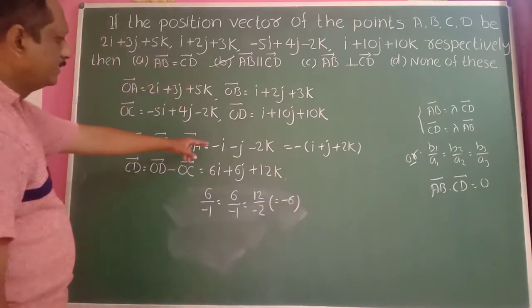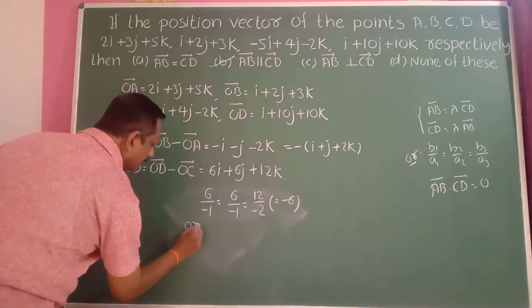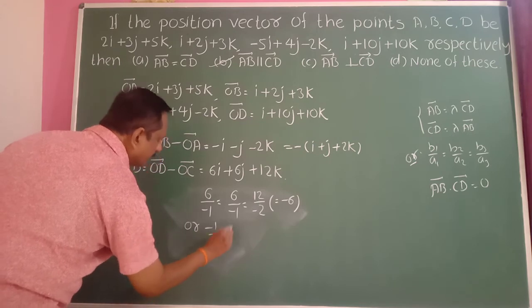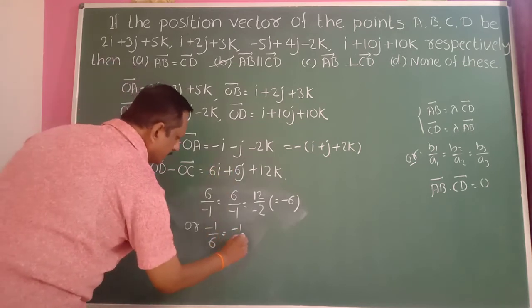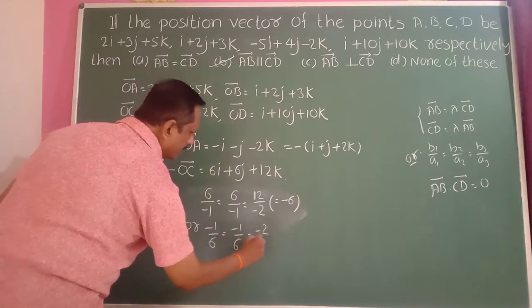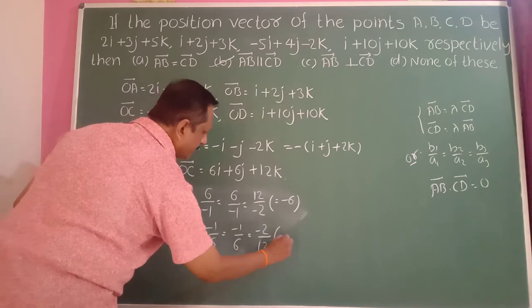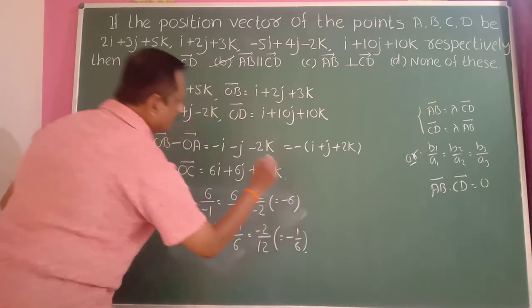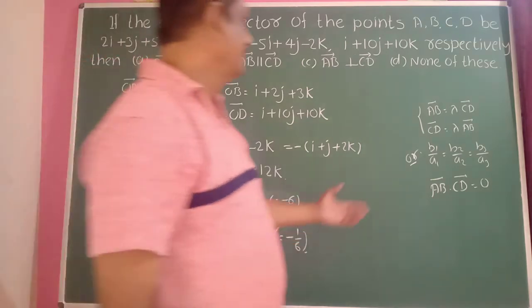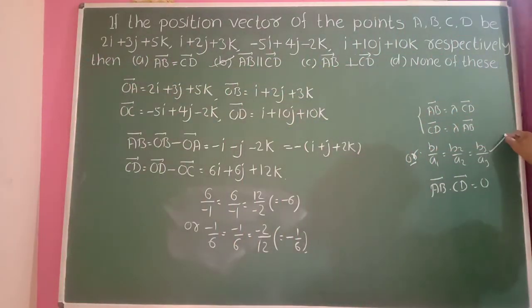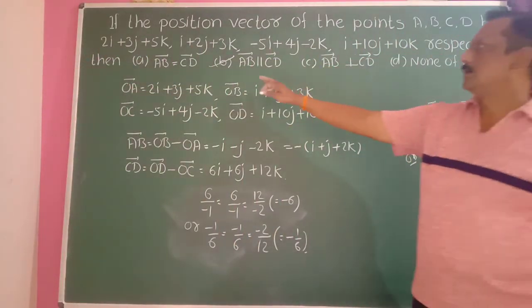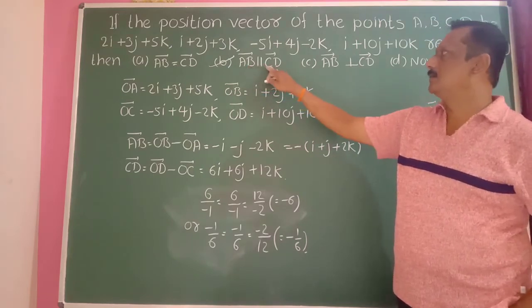Otherwise minus 1 upon 6, minus 1 divided by 6, minus 2 divided by 12. Therefore minus 1 by 6. This condition is satisfied, and if this condition is satisfied, they are parallel to each other. AB is parallel to CD.